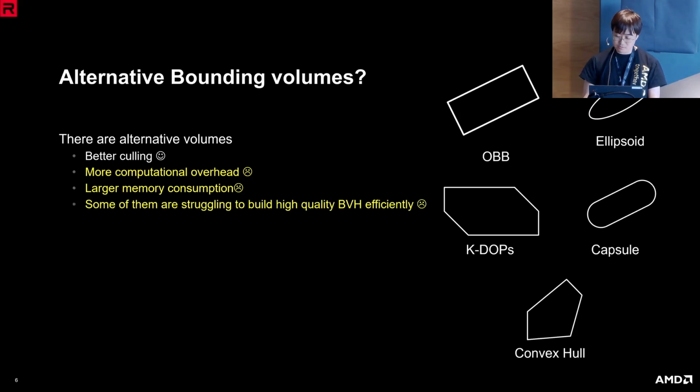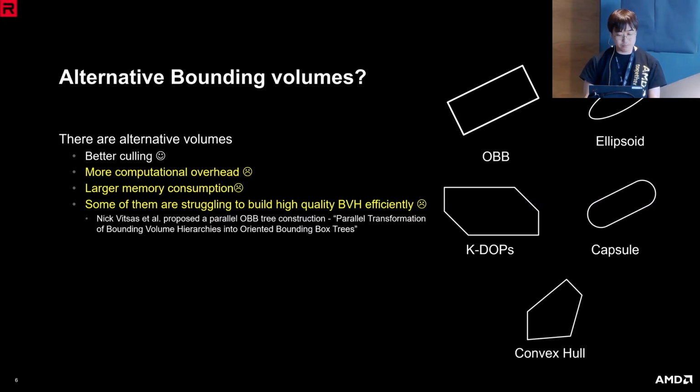Some of them struggle to build high-quality BVH efficiently. I believe OBB is a great candidate. As a concurrent work, Bitsas et al. proposed a parallel OBB tree construction. However, the storage space and the traversal costs still have to be paid as drawbacks.